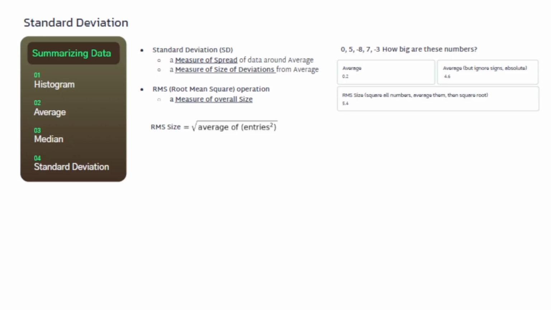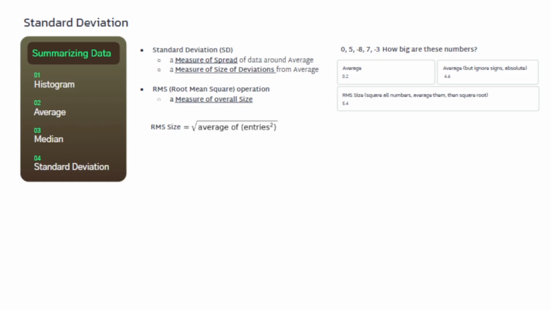But in statistics, there is another way. We use the RMS operation, the root mean square operation. The phrase root mean square says how you do the math, actually, but only backwards.